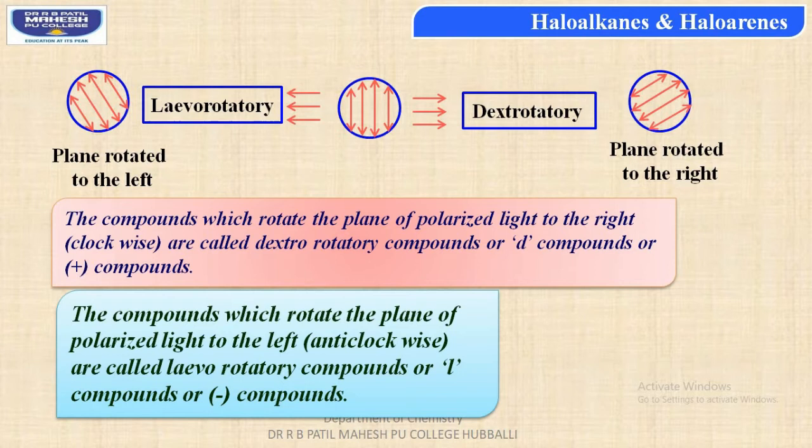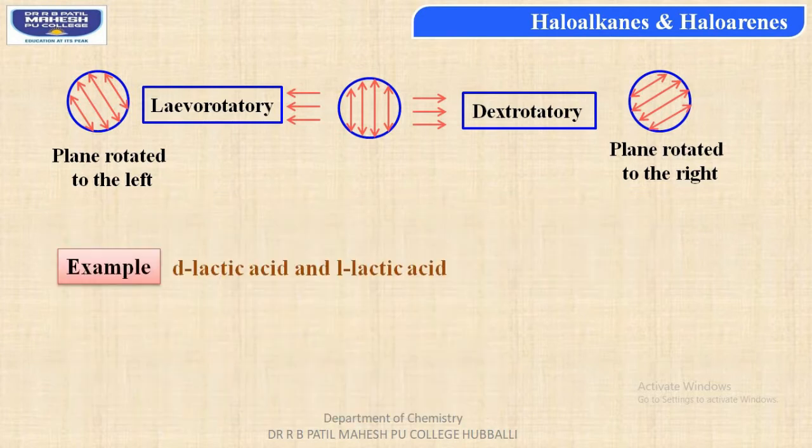Let us consider one example for this. D-lactic acid, that is dextrorotatory lactic acid. This lactic acid rotates the plane polarized light towards the right side and hence is called D-lactic acid, or else we can write it as positive lactic acid also.